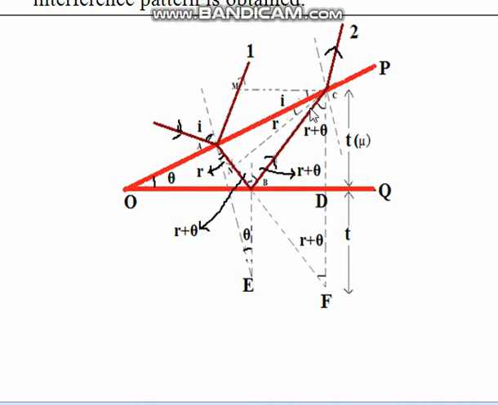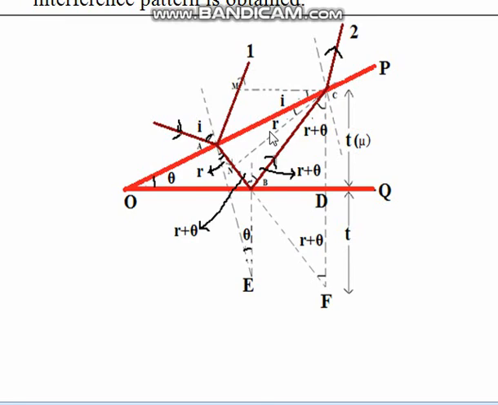Let's draw another normal, CN. This is the N point. This angle is 90, and here this angle is r. The complete angle is 90, so the remaining angle will be 90 minus r, and here this is 90, so this angle will be r. In this way we calculate all the angles.